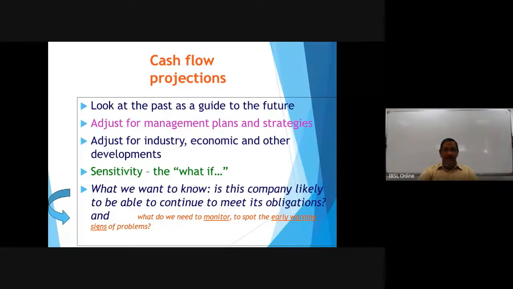This comes in the last module we discuss. Okay, so what we are trying to analyze in the credit appraisal is whether this company is likely to be able to continue to meet this obligation with any changes taking place in the external environment. What if?